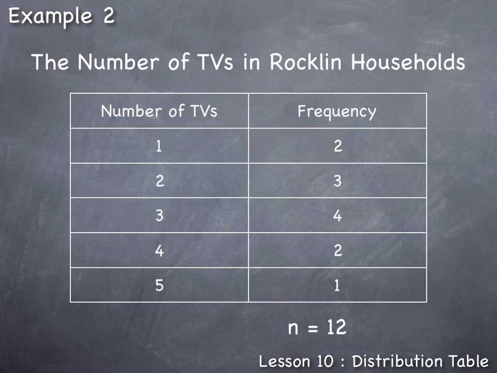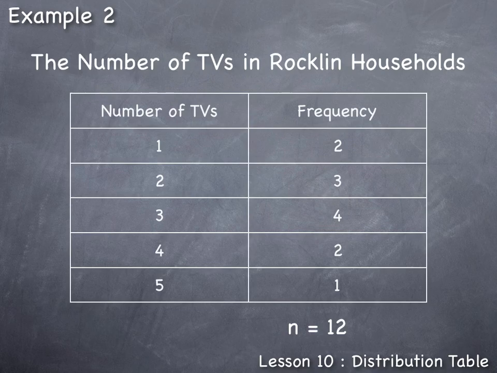But this was closely followed by a frequency of 3, which is associated with 2 TV households. So 2 TV households were the next most represented. Next, there was a tie. There was 2 households each containing 1 TV and 4 TVs. And finally, 5 TV households, their frequency is just 1.